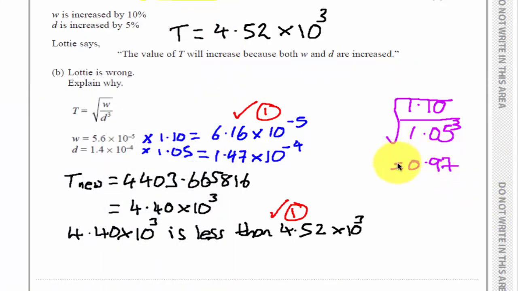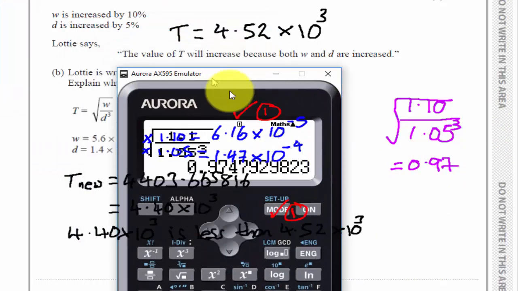That means this has an effect of multiplying the previous answer by 0.97. Because it is lower than 1, the new value will go down. If it had been bigger than 1, it would have gone up. If it had been 1, it would have stayed the same. I've still got the number in my calculator. You'll need the whole number for this to work.